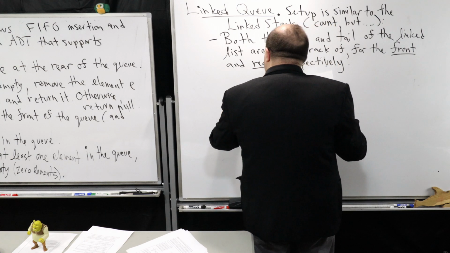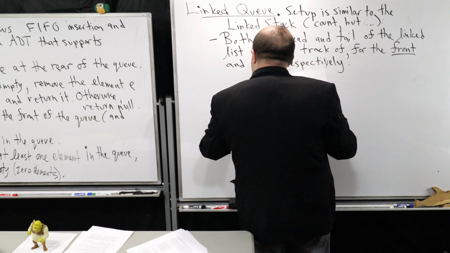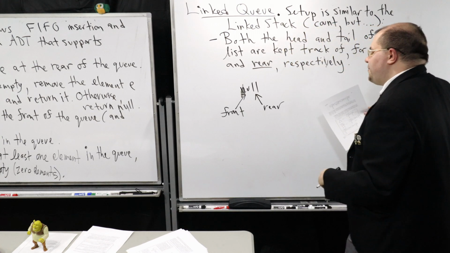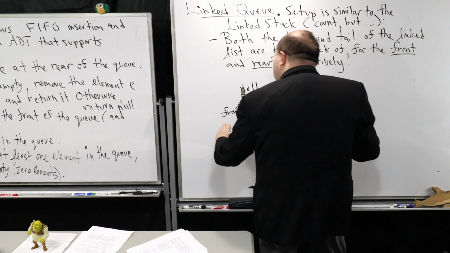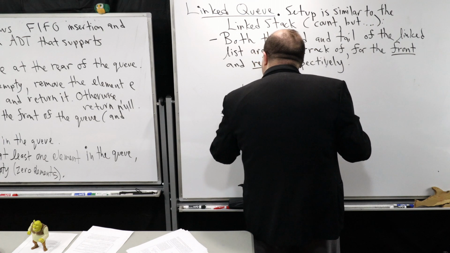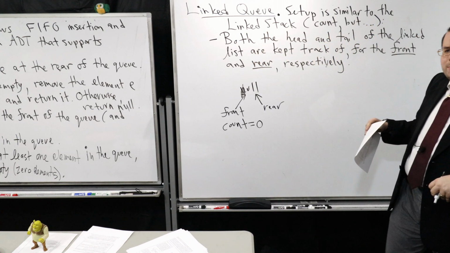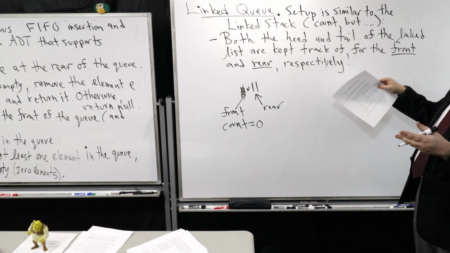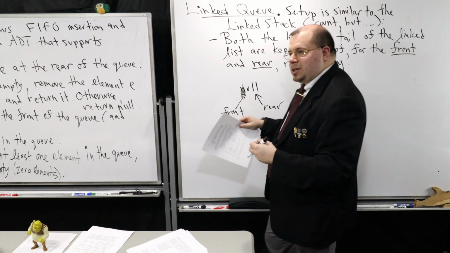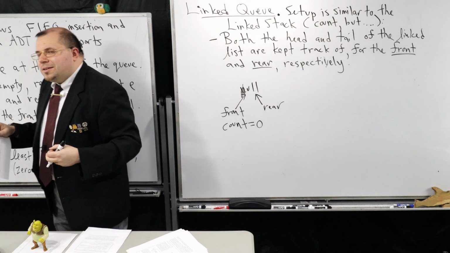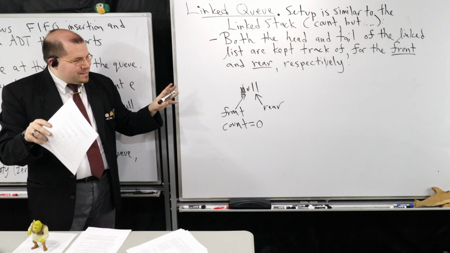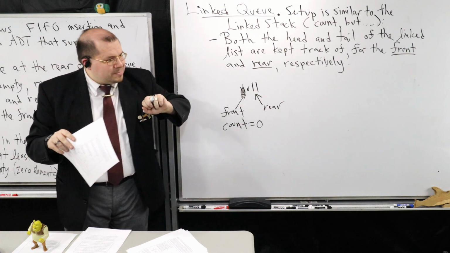But now, instead of top, I'm going to call it front, and I'm also going to have rear. So I'm going to have front and rear, and I'm going to maintain a count, just like my link stack implementation. So right now, this is what the initial setup of the data structure would look like. So far, we're doing okay. This is actually the exact same setup I had for link stack, except we just didn't have rear.